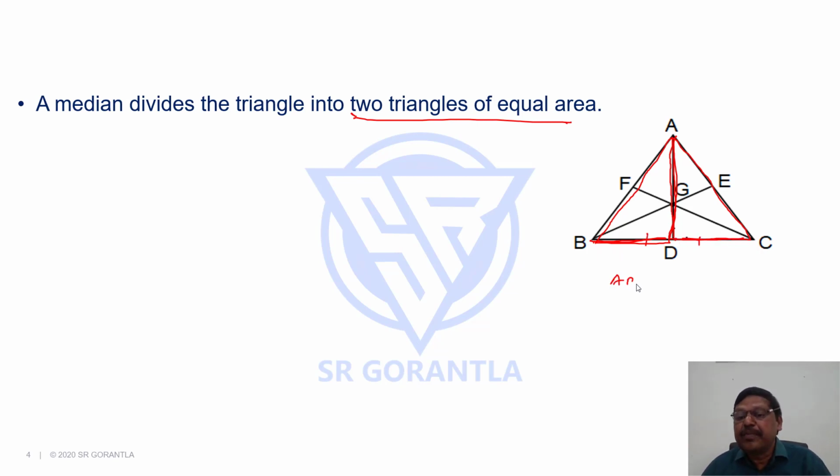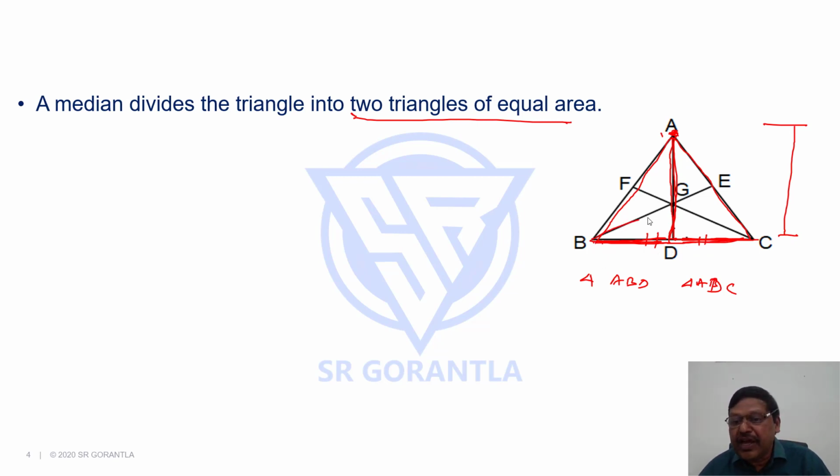In triangles ABD and ADC, BD is the base here, DC is the base, the bases are equal. They both have the same third vertex, meaning the bases are on the same line, so the height of the two triangles is the same. If the base is the same and the height also is the same, the areas will be equal.